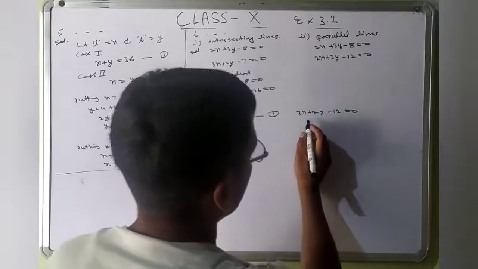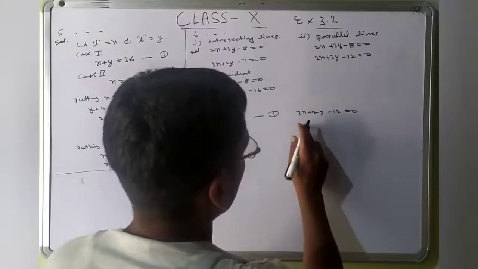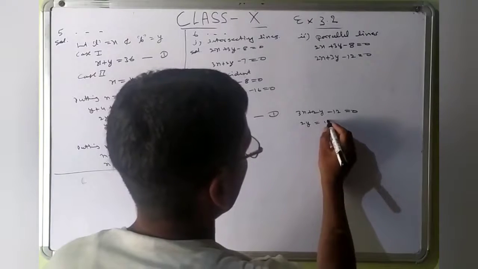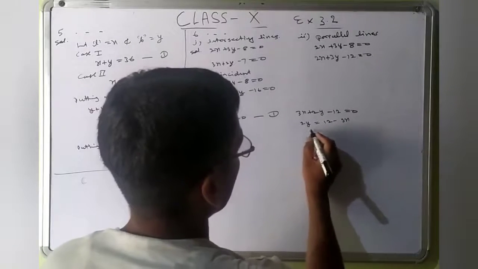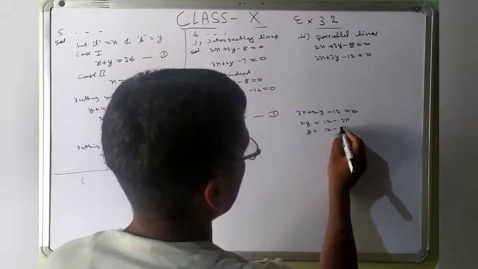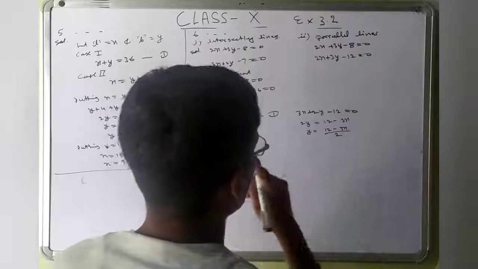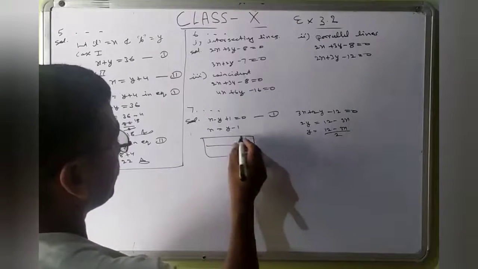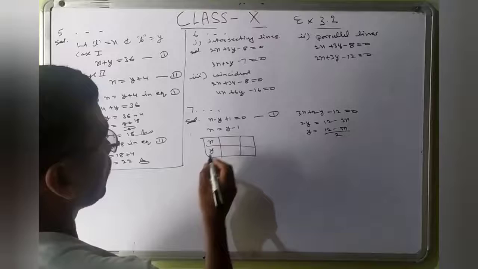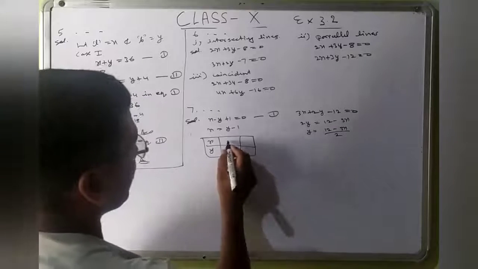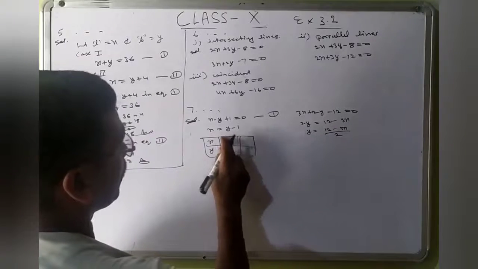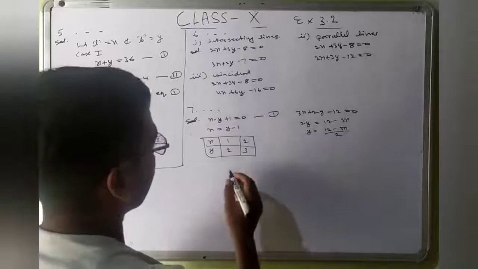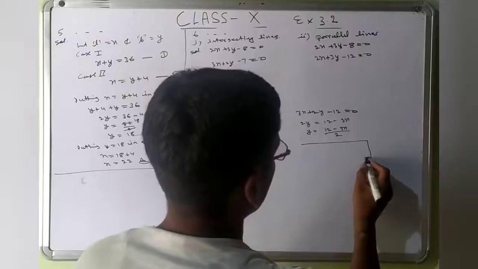So 2y is equal to 12 minus 3x, so y is equal to (12 minus 3x) upon 2. Now from the first equation, draw a table of x, y. Here we write the y values 2, 3. Then 1, 2 will come by the solution.